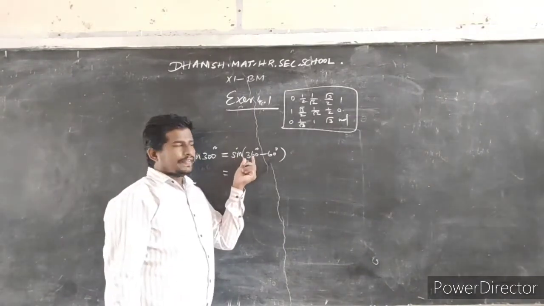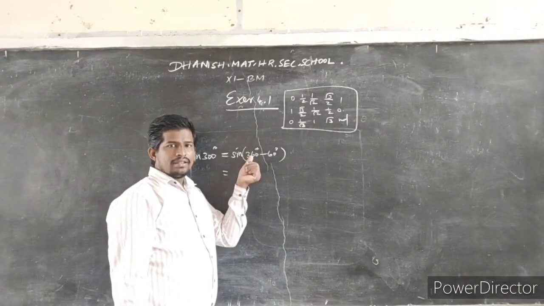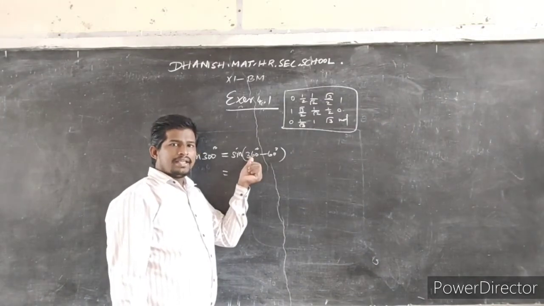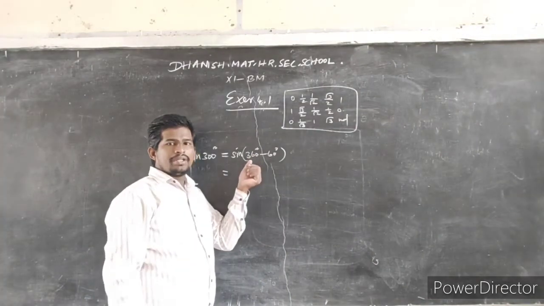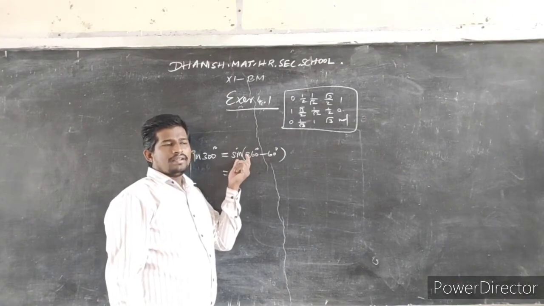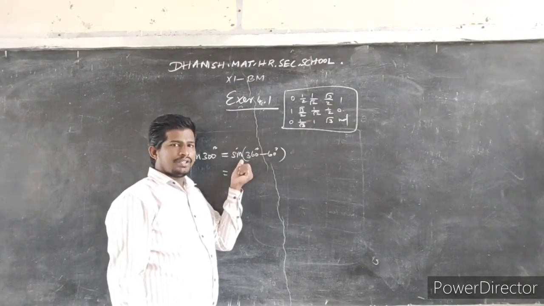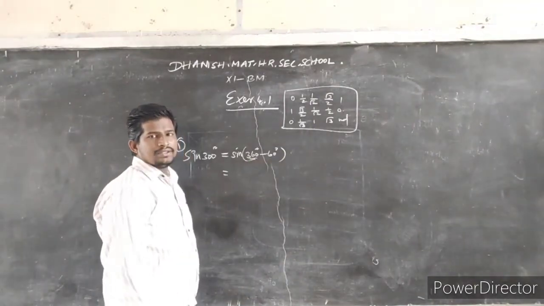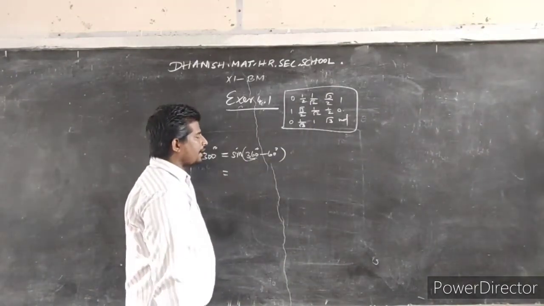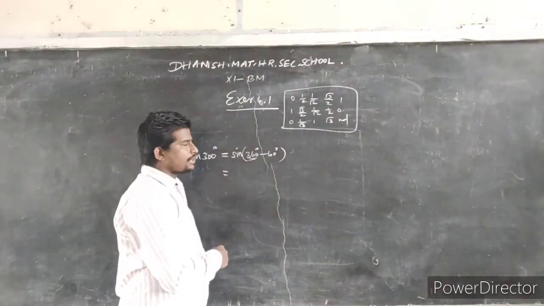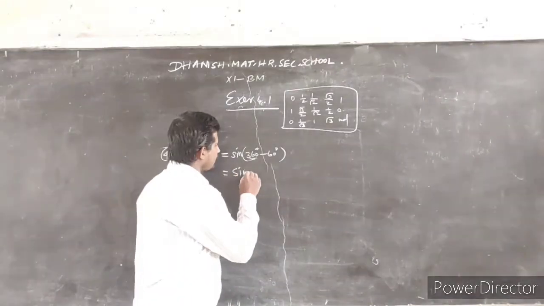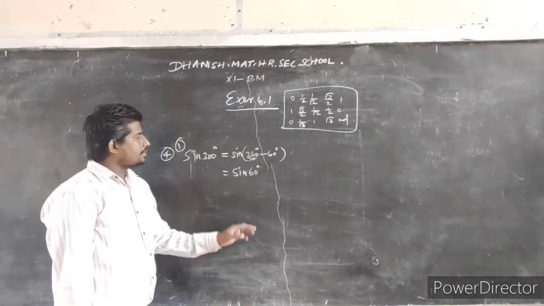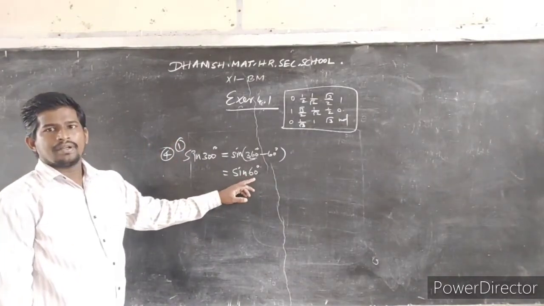If the first degree in the bracket is either 90 or 270, there will be a change in the trigonometric ratio. Here we are having 360, so there will be no change in ratio. So sin 60 degree. We will check the quadrant.